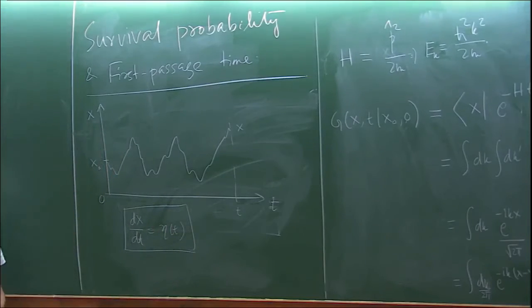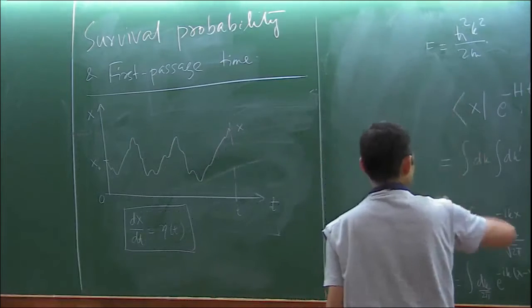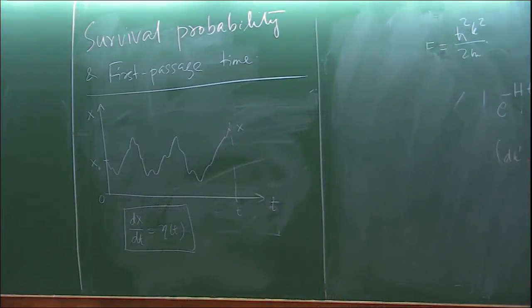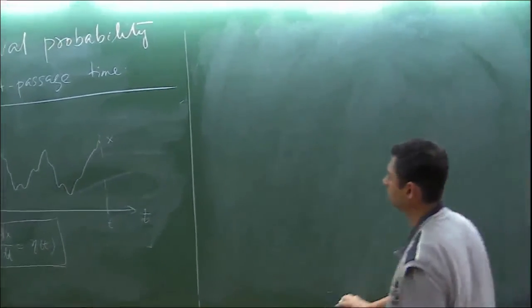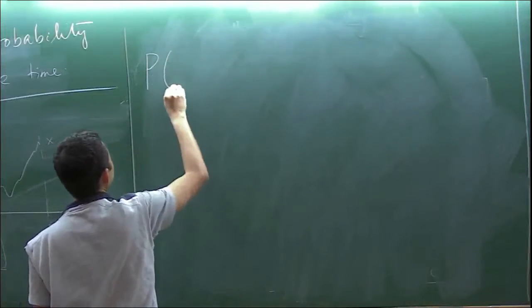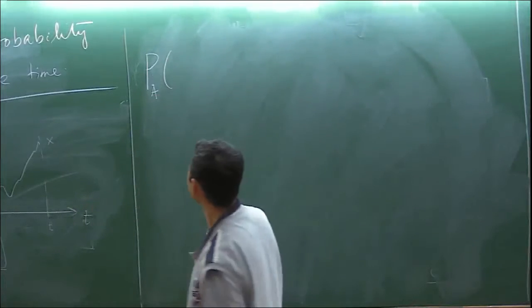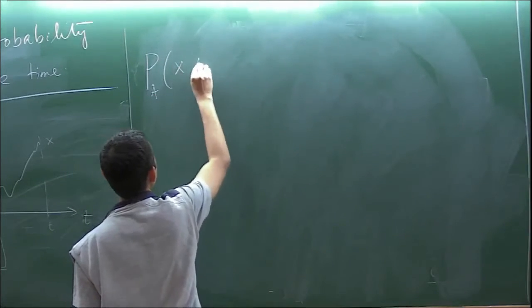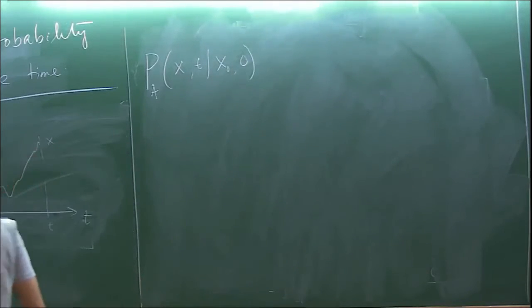So how am I going to solve this problem? Now this is a different probability. So let's call it P sub A. So what is the probability that you reach x at time t starting from x0 at 0 without crossing the origin? Okay.